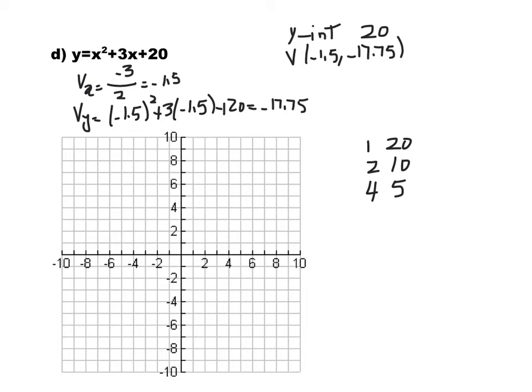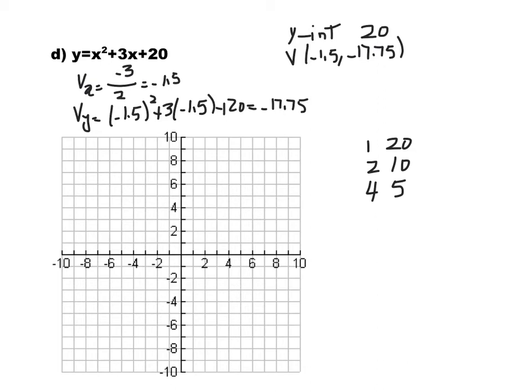So we're going to stop right here. Now, the sum of the two numbers has to be 3. 1 and 20 is 21. 2 and 10 is 12. 4 and 5 is 9. You can see that the sum cannot be equal to 3. This means that the factoring technique does not work here.